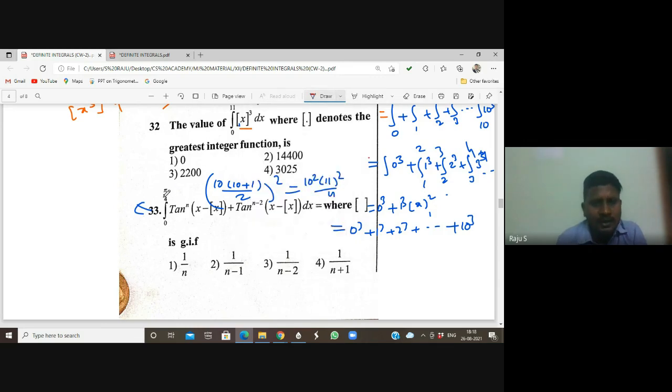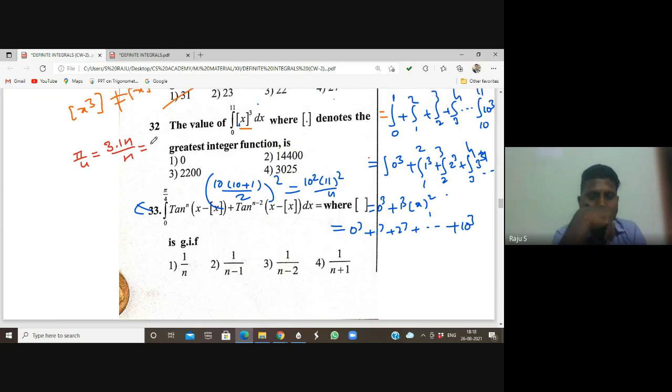Take step functions. Okay, fine. 0 to pi by 4. What is pi by 4? Pi is 3.14 by 4. What about this value? Lesser than 1, 0 point something. What is the greatest integer of this? 0.